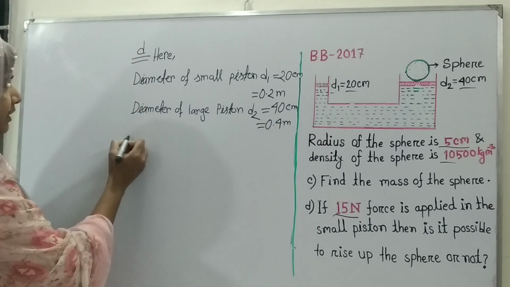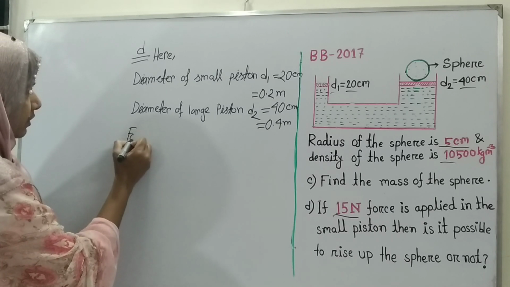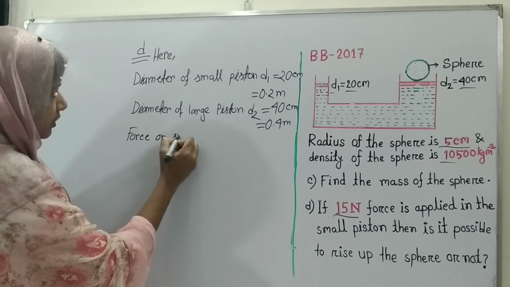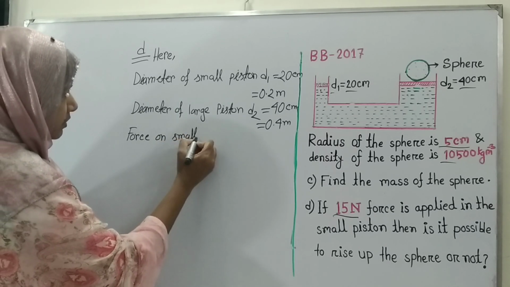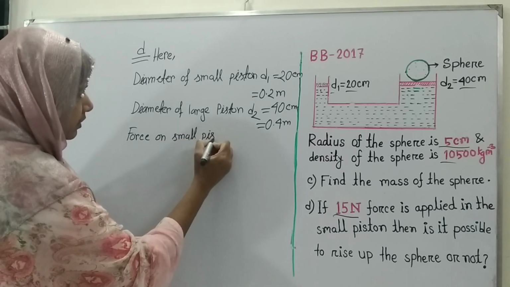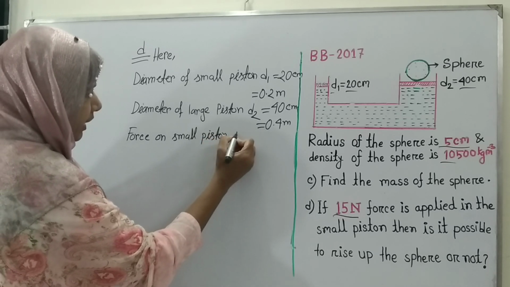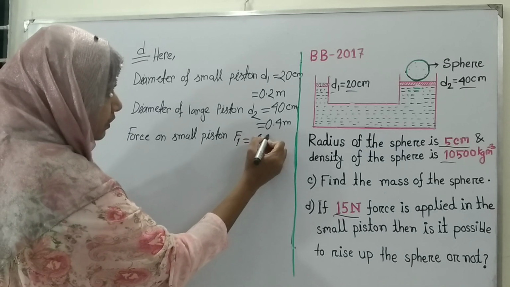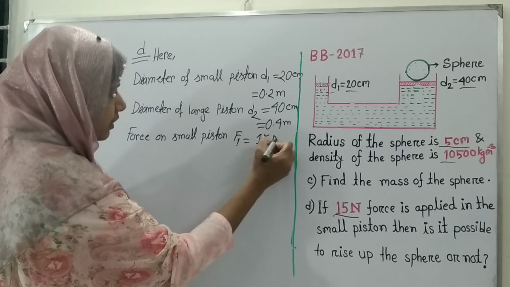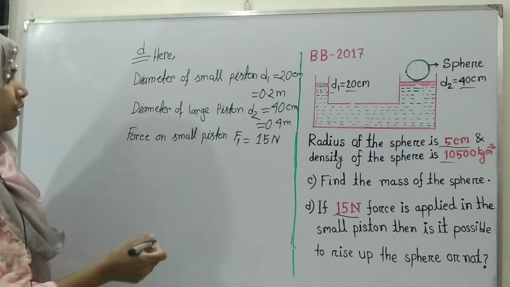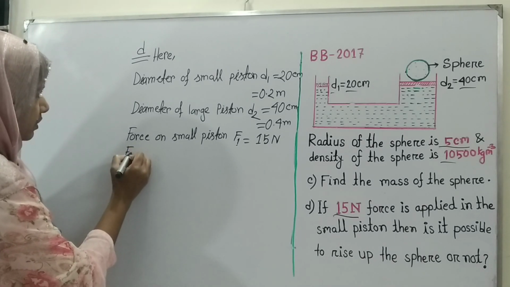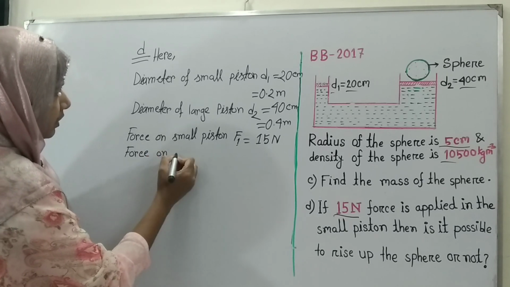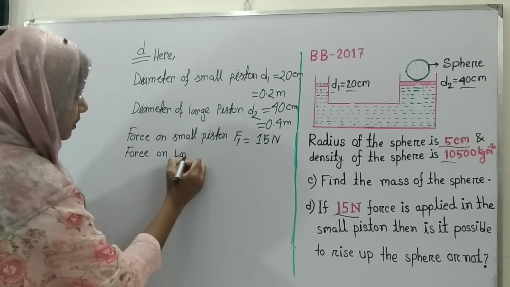Now the force that is exerted on small piston, F1 equals to 15 Newton. Now we have to calculate the force on large piston.